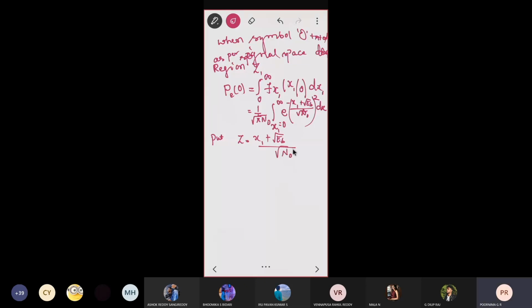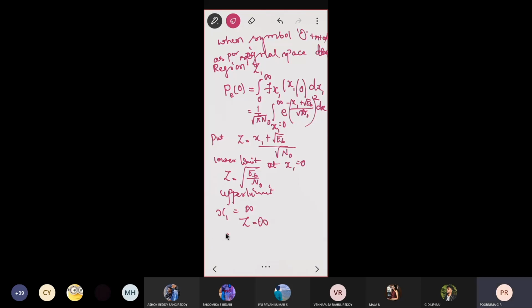For the lower limit, when x1 is 0, the z value is root of Eb by N0, and for the upper limit, x1 equal to infinity gives z equal to infinity itself.